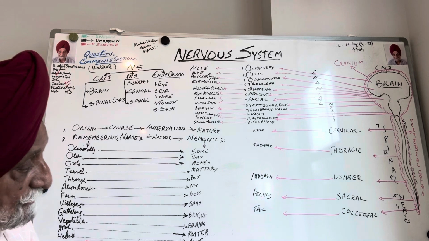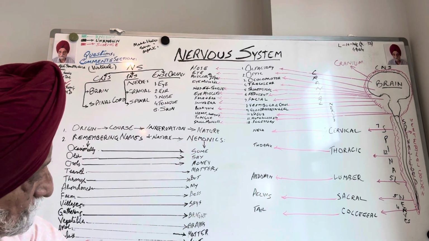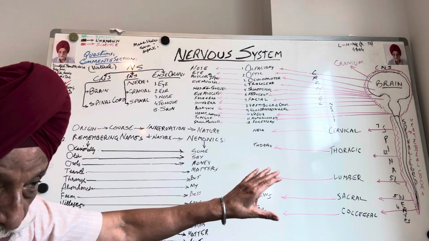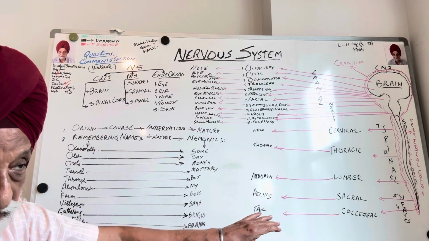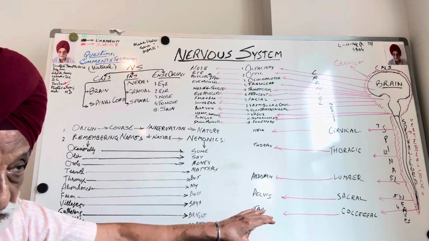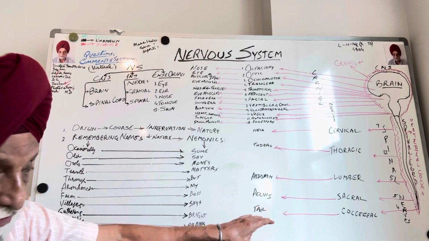So these are the spinal nerves, and all spinal nerves are mixed. That means they are sensory as well as motor.